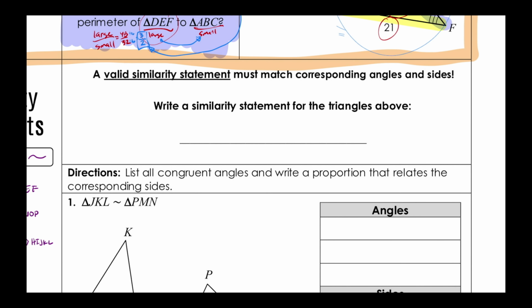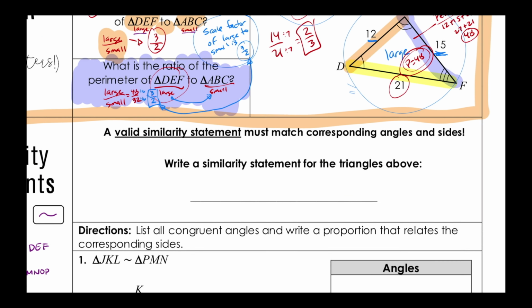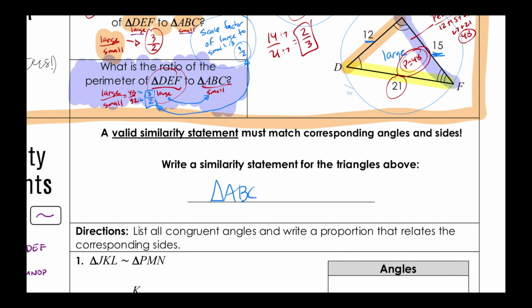It says, write a similarity statement for the triangles above. Oh, we just did, didn't we? Triangle ABC is similar to triangle DEF. And remember, the order of the letters matters, just like it did with congruent triangles. AB and DE, those are the first two, they correspond.